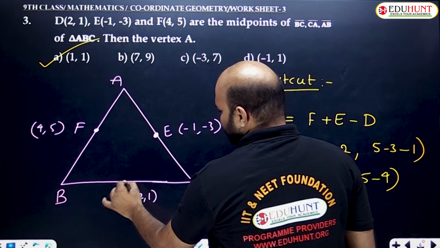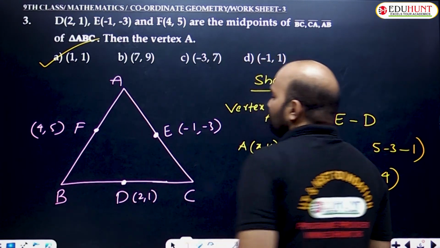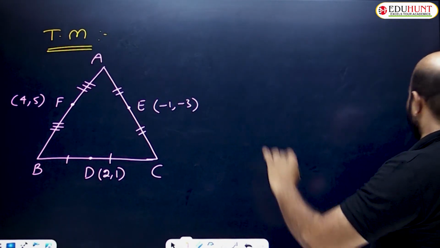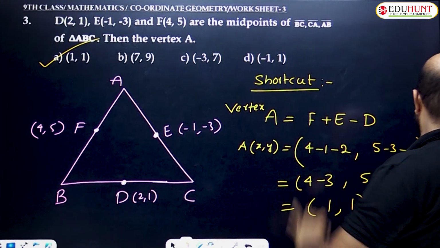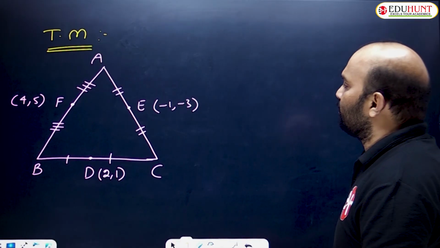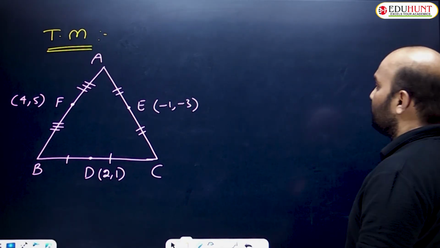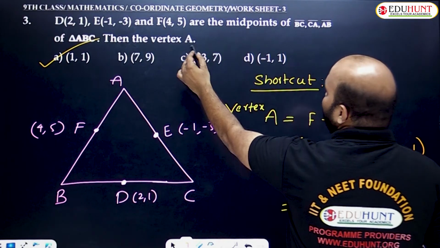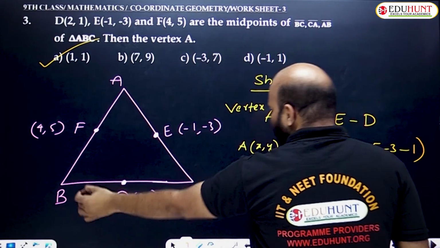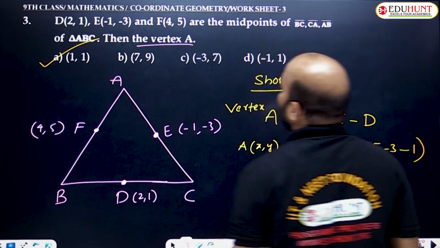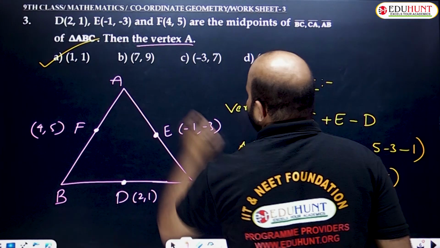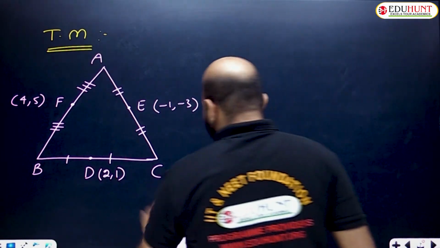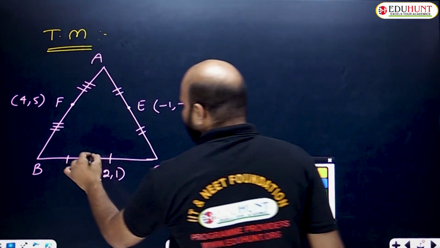The question I am asking is the vertex A, nothing but the coordinates of A. You don't know the coordinates of A, B, C, but the question asks for the coordinates of A. So clearly we need to understand. What I take first here is D: clearly we have to observe that D is a midpoint.